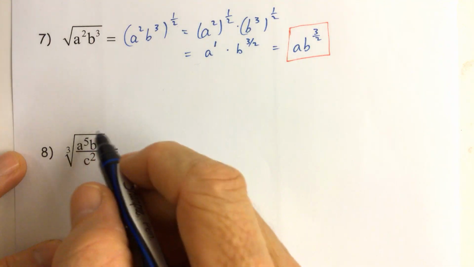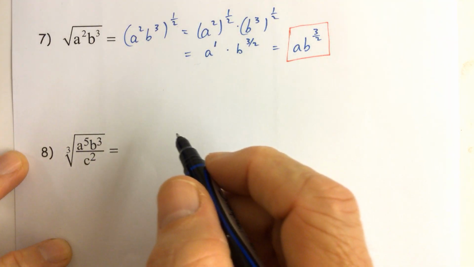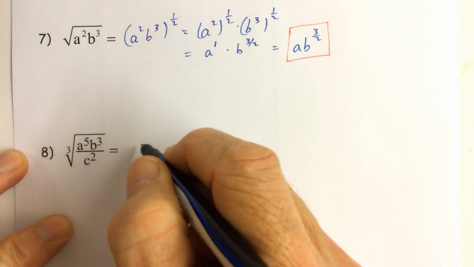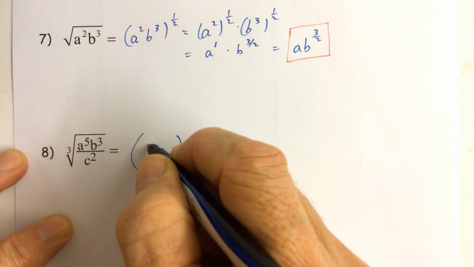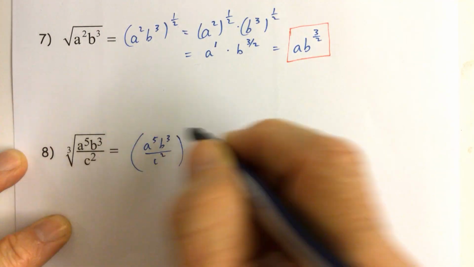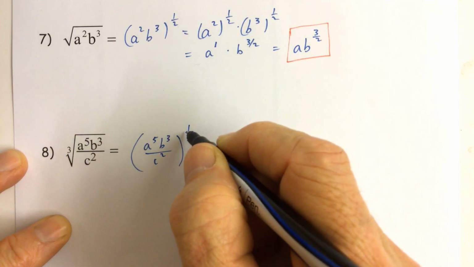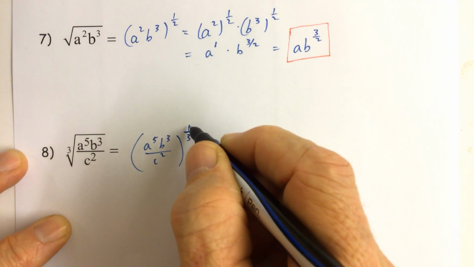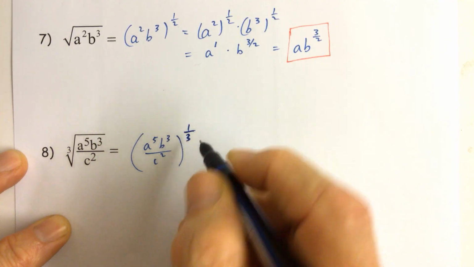For the 8th example, and there is one last page here for 9 and 10, we have the cube root of a bunch of stuff. And so we know that that means we have all that stuff raised to the 1/3 power. Remember, we have all this stuff to the first power, and then we have the root being 3.